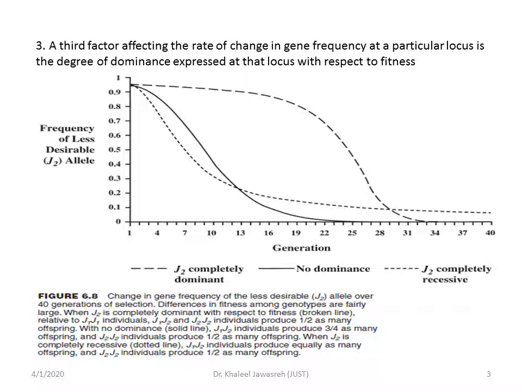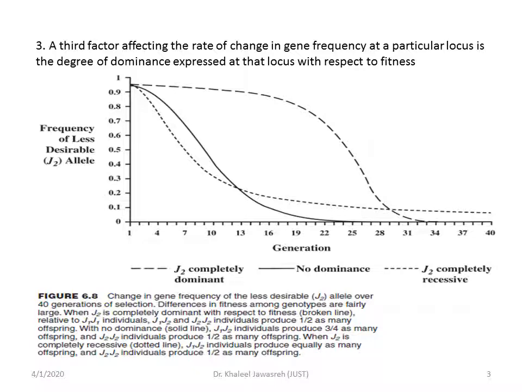J2 can cover the effect of the J1 allele, but through generations, reaching here at least 22 generations, after that it will decline until reaching the high frequency for the J1 allele.